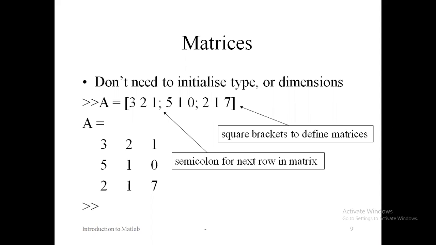You write down the first row first, 3 2 1, after that 5 1 0, then 2 1 7, closing it with brackets, and you will have defined the matrix. Once you write this and press enter, your matrix will be defined and shown.